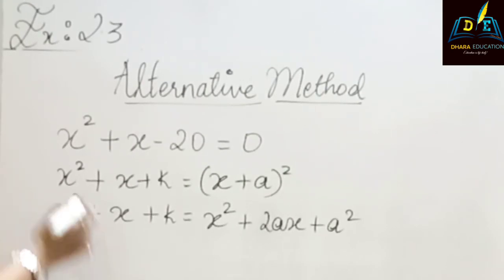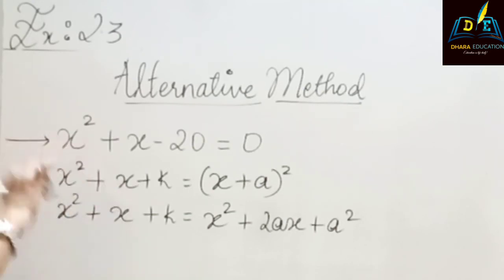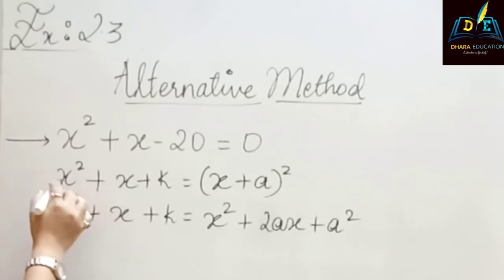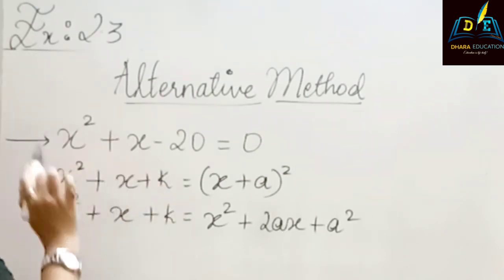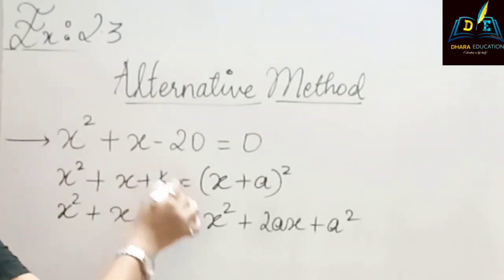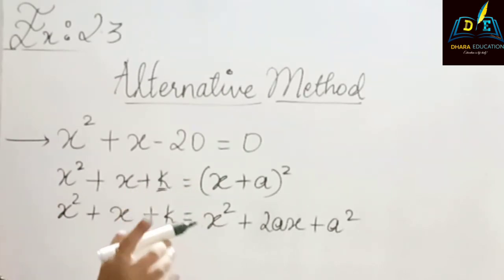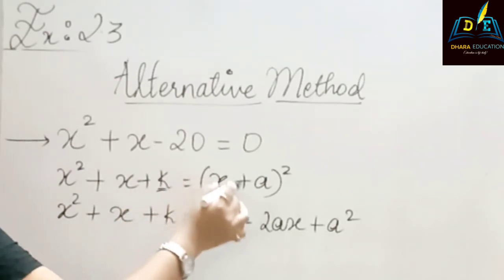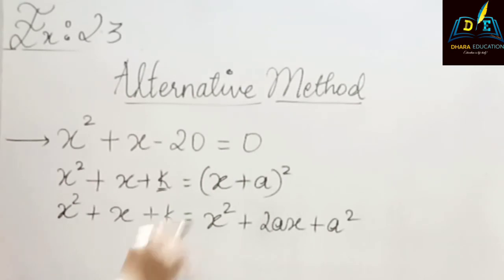Over here you can see the equation, that is x square plus x minus 20 equals 0. Here I have written another step, that is x square plus x plus k, where k is a constant value, equals x plus a the whole square on the RHS, the right hand side.